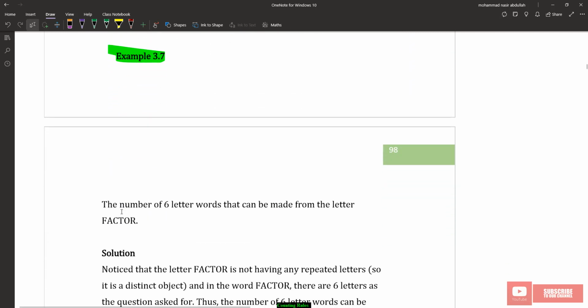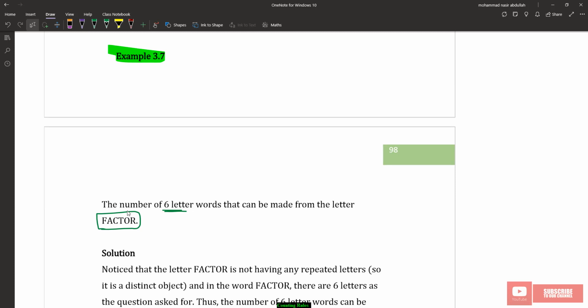Let's look at example number 3.7. The number of 6-letter words that can be made from the letters of the word factor. This is the same concept as in theorem number 1 and theorem number 2. But in theorems 1 and 2, we can choose how many letters to form the word. Here, if we have 6 letters, we will use all 6 letters, provided all the letters are unique or distinct.